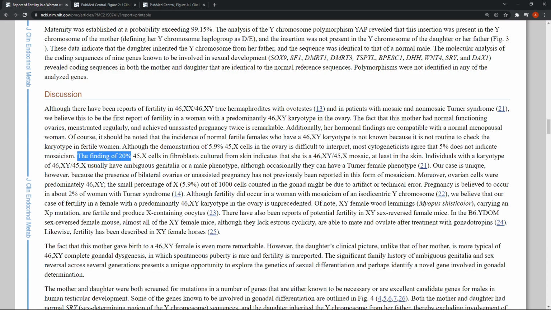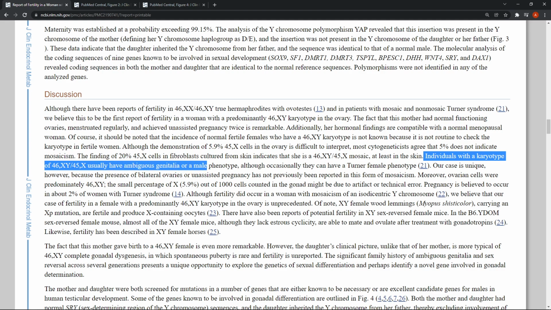But the finding of 20% 45X cells in fibroblast culture from the skin indicates that she is mosaic in the skin. So the cutoff is somewhere between 5 and 20%, apparently, or higher. Individuals with a karyotype of 46XY and 45X, so this is normal male and mono X, usually have ambiguous genitalia or a male phenotype, although occasionally they can have the Turner female phenotype.